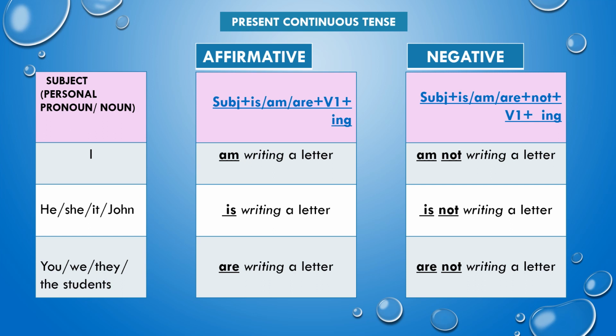And he, she, it, or John, which is the singular noun, is not writing a letter. The last row, you, we, they, or the students, which is the plural noun, are not writing a letter.